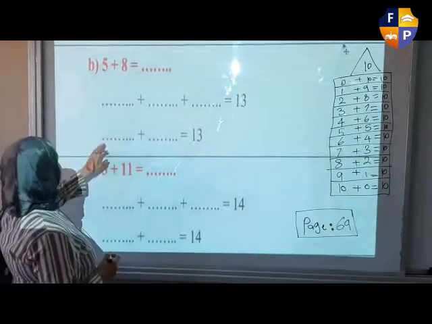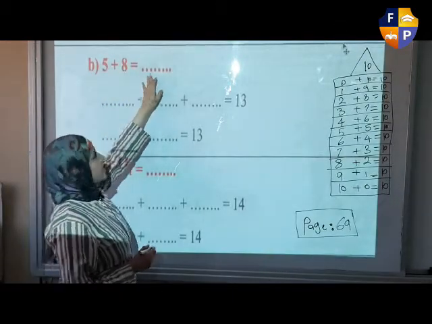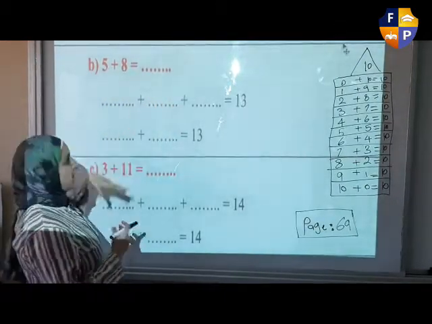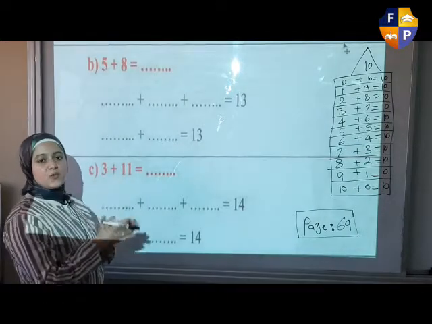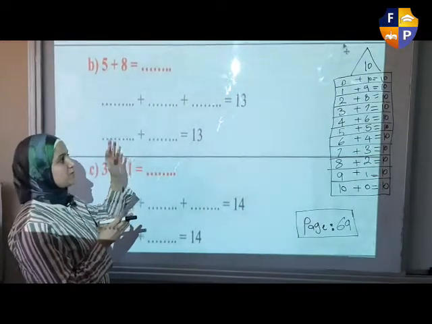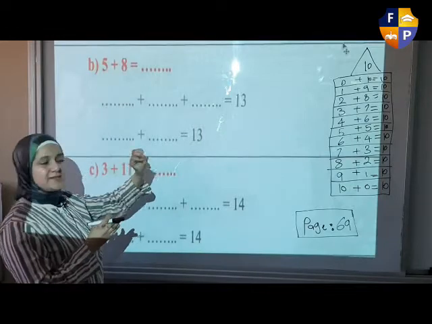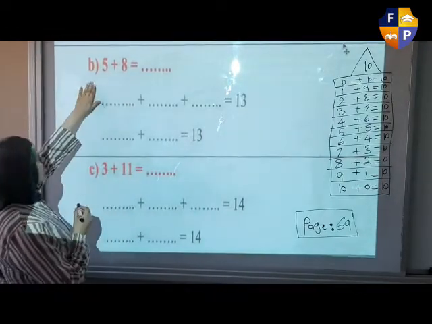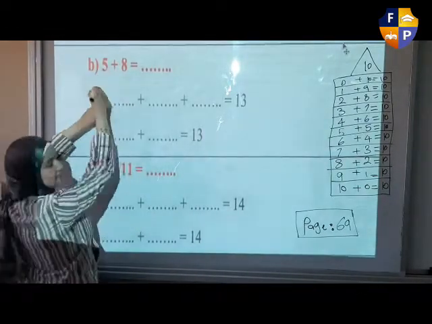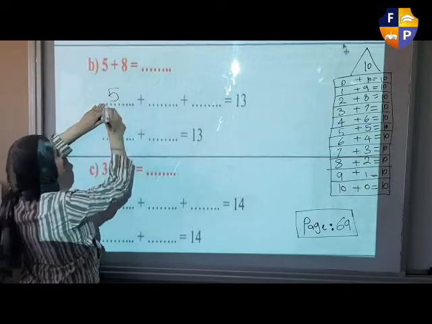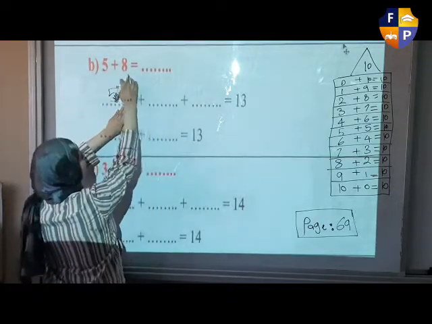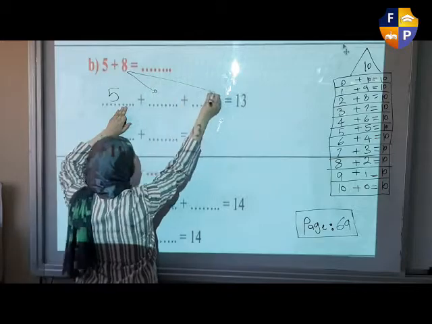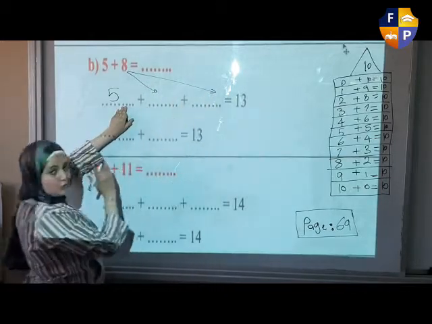In this example, I have 5 plus 8 equals what? I will make it easier using decomposing numbers and the first strategy, which is the family of 10. So here I will put the first number as it is, 5, and I have two places for 8, and I have to decompose 8 into two parts.